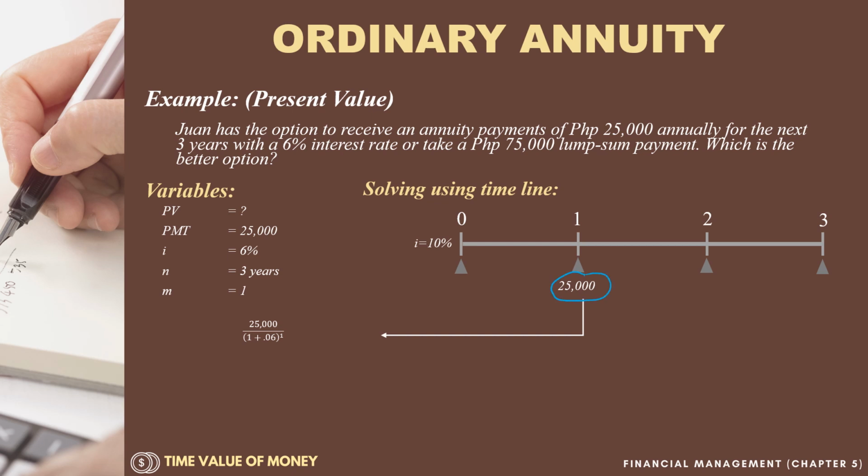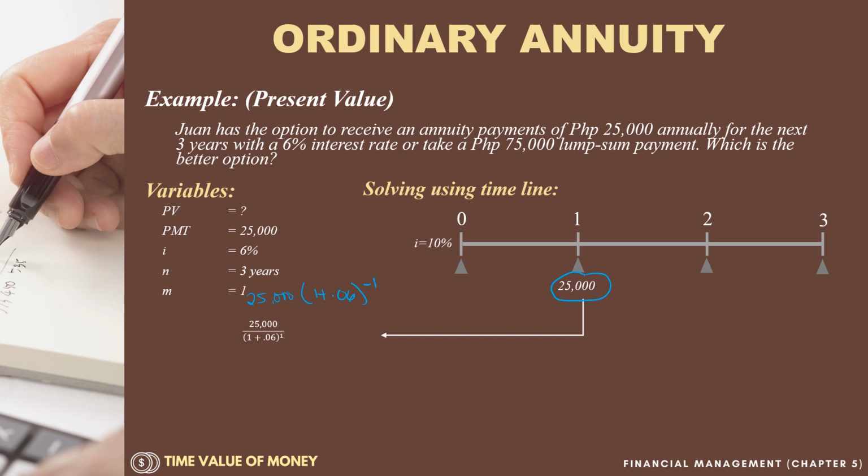To discount the 25,000, we will divide it by the present value factor of 1 plus 0.06 to the power of 1. You can also write this as 25,000 times 1 plus 0.06 to the negative 1.